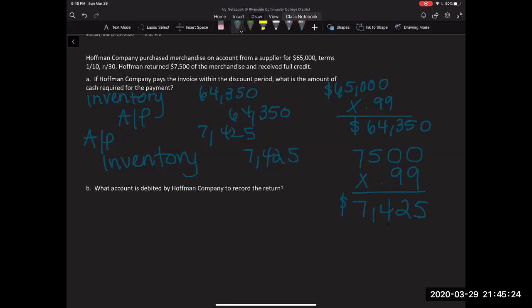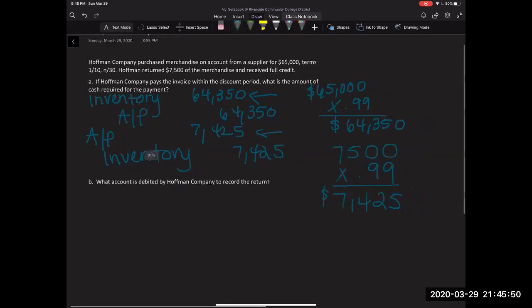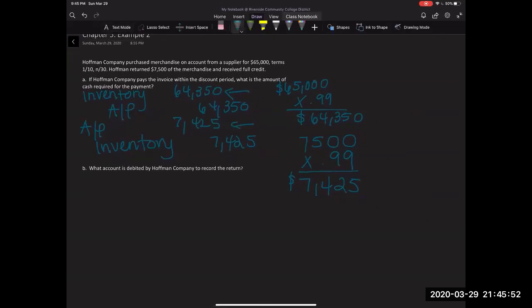And so it says, what account? Oh, sorry, I actually didn't answer the question yet. It says, if Hoffman pays the invoice within the discount period, what is the amount of cash required for payment? Well, here's my original purchase, and then I returned a portion, and what is due is the remaining. So my original purchase was $64,350.